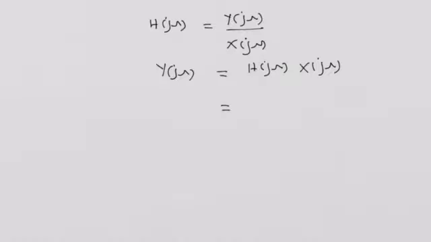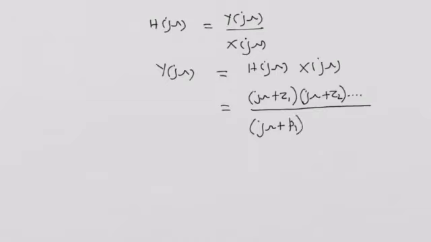If Y of j omega is a rational function, and if it is expressed as a ratio of factorized polynomials both in numerator as well as in the denominator, there is a possibility to say j omega plus z1 multiplied by j omega plus z2, etc. In the denominator, in the same factorized polynomial representation, I can say j omega plus p1, j omega plus p2, etc. Right?